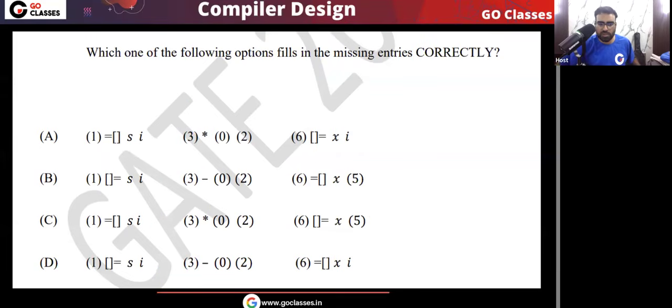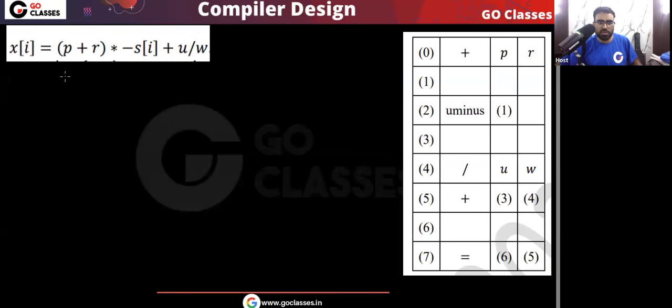So let's solve this question. This is the expression given to us, and we need to find the triple representation corresponding to it. This expression is given in the high level language. First you convert it to three address code. When you convert it to three address code, this question will become easier for you. So let's convert.